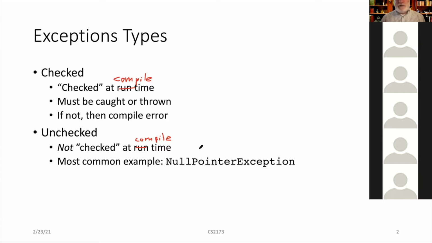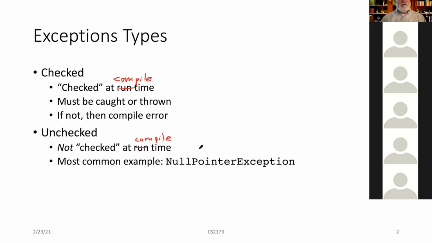There are exceptions to that, of course, but the idea is that a checked one is checked at compile time, which means that it's not even going to let you run until you have demonstrated through the code that you are handling the exception. And if you don't, then you get the red squiggly and the program won't even run.